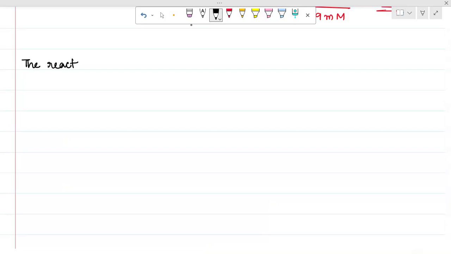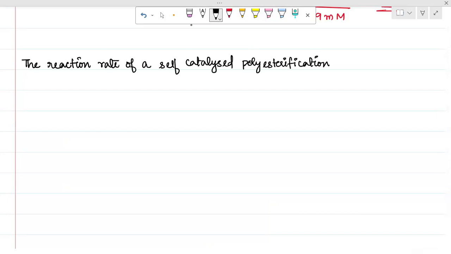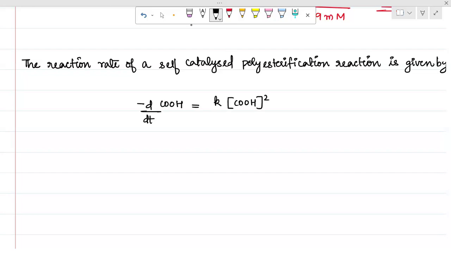The reaction rate of a self-catalyzed polyesterification reaction is given by minus d by dt of COOH is equal to rate constant into concentration of COOH to the power 2 into concentration of OH.